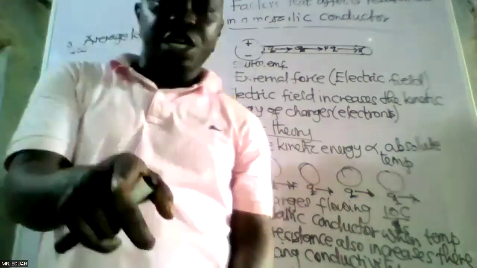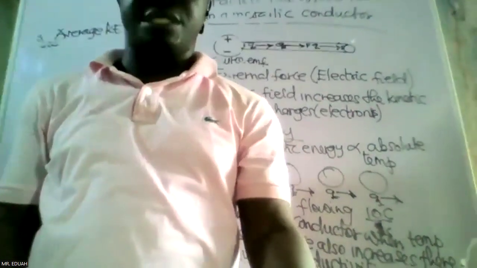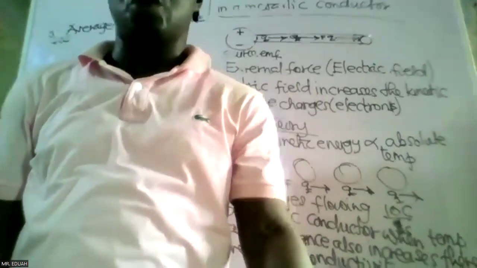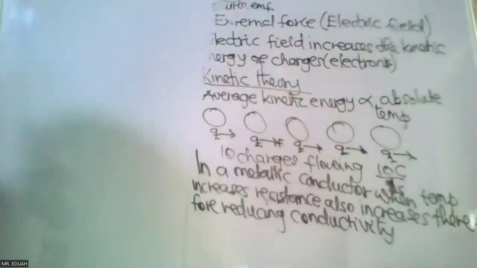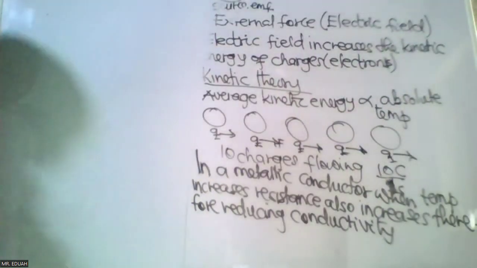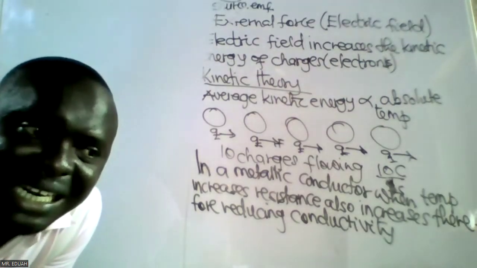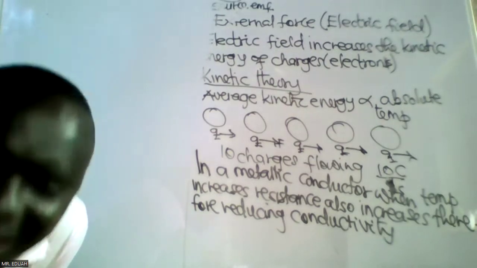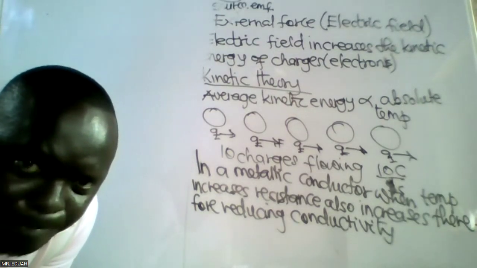So the moment you increase temperature, the average kinetic energy of the atoms would also increase. When the average kinetic energy of atoms increases, the atoms will vibrate so much and then kick out free flowing electrons. Mary and Inshira, you fine?